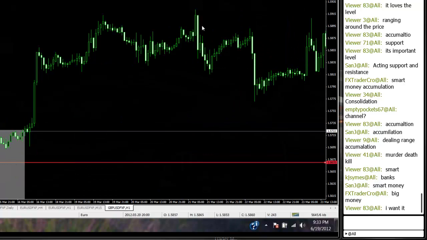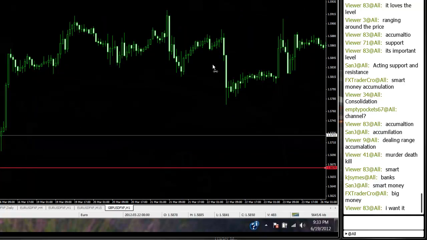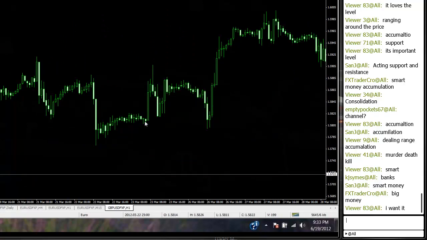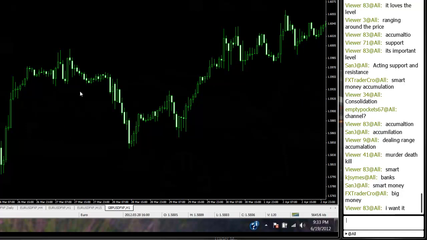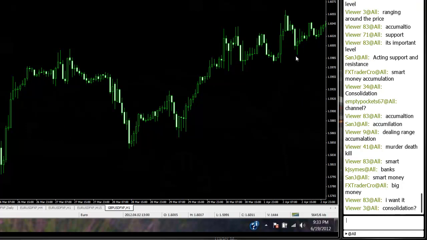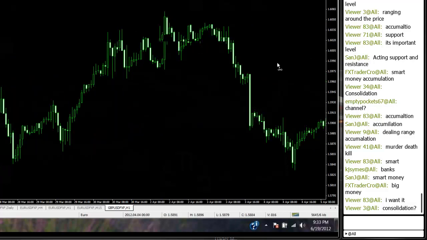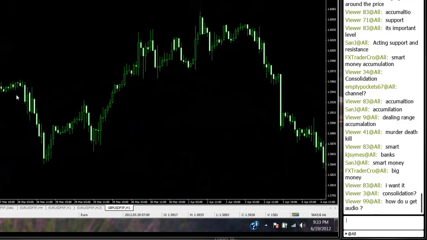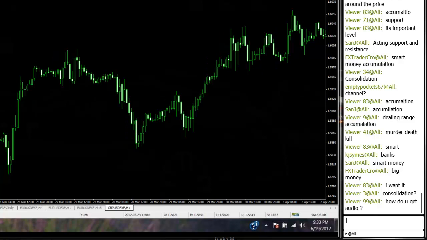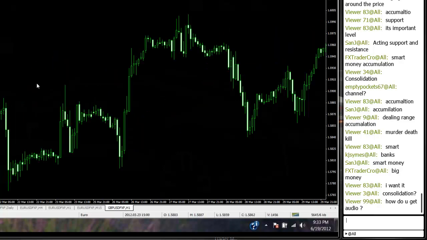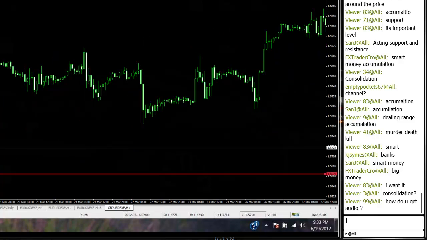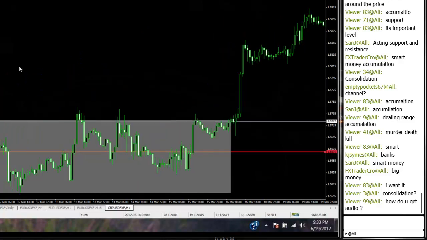Here's a trend, and then we go into another accumulation phase, and the market rallies up again, goes into a consolidation again, and then trends. Consolidation is like a trading range where it's not moving in a clear discernible trend up or down.